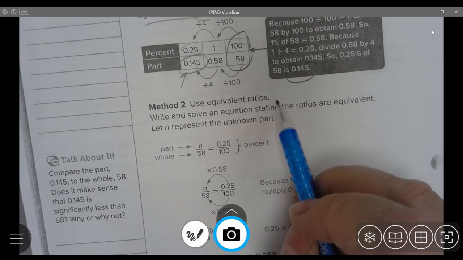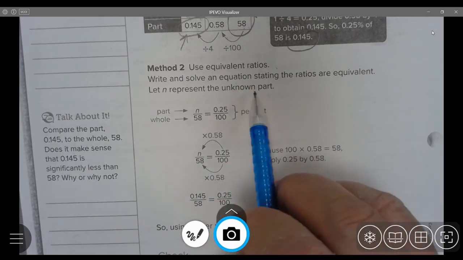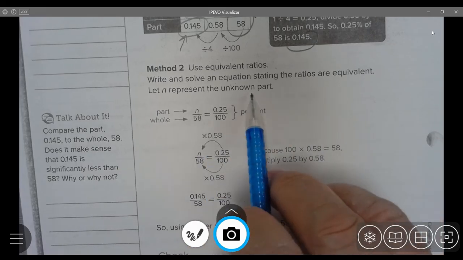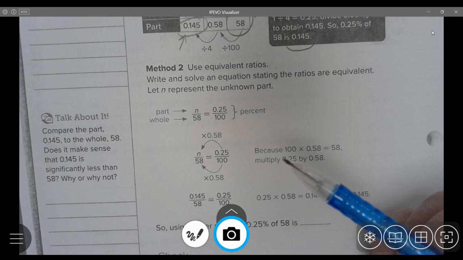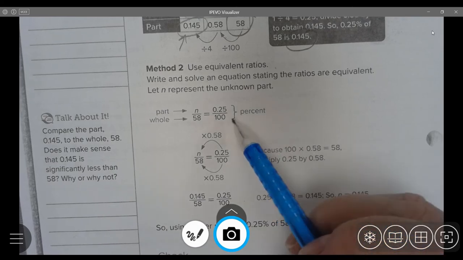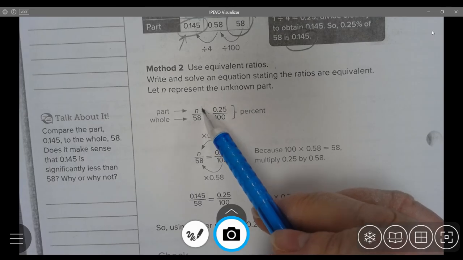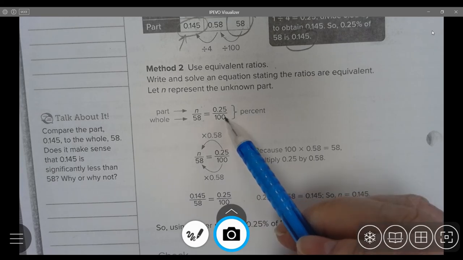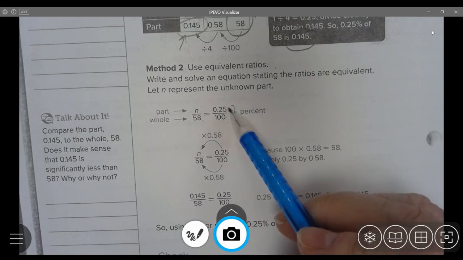Or we can use an equivalent ratio. Write and solve the equation stating the ratios are equivalent. Let n represent the unknown. So again, setting it up just like what we've done with all the other problems. We don't know what the part is, but we know the whole is 58. The whole would be the 100%. We want to find the 25 hundredths of a percent.